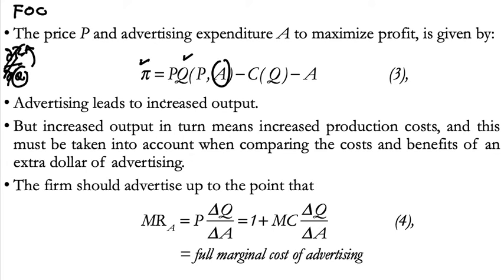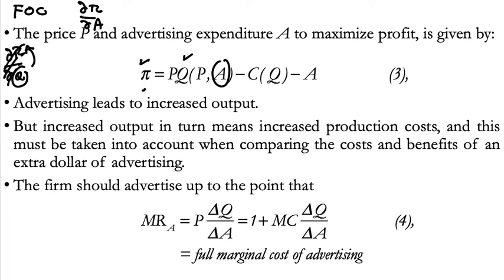Our current objective is to maximize profit and to find the right amount of advertising expenditure to maximize profit. Therefore, our first order condition should be like this: delta P over delta A. Differentiate profit with respect to A because our objective now has changed. We still want to maximize profit, but the argument is A, not Q.